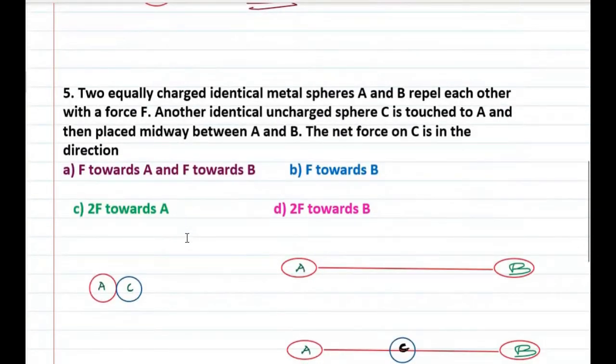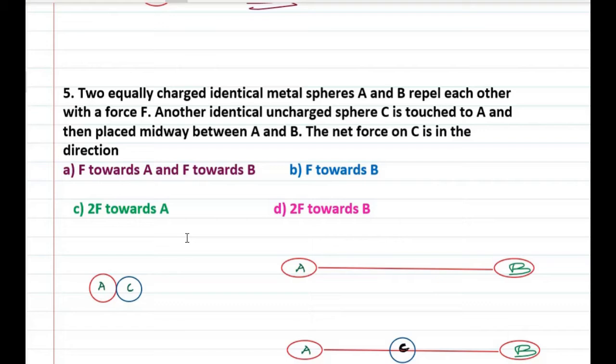Two equally charged identical metal spheres A and B repel each other with the force F. Another identical uncharged sphere C is touched to A and then placed midway between A and B. So A and B are two identical metal spheres.